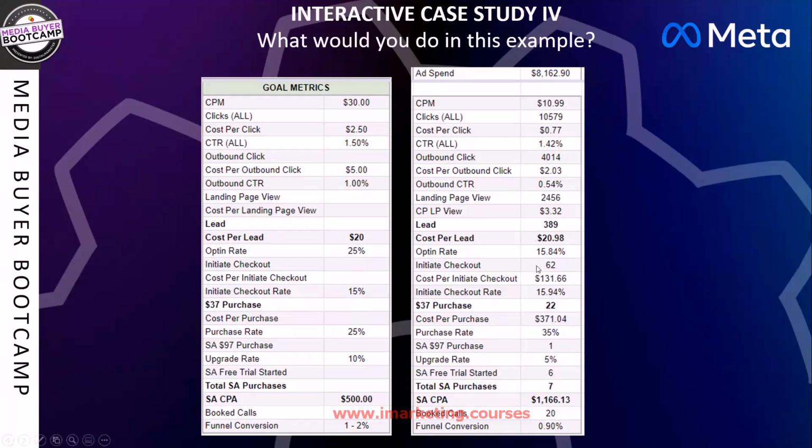If we can get the opt-in rate up, but here's an opportunity where you could take almost two things at once. The first one is going to be your opt-in rate. You've got 25% as your target opt-in rate, and we've got 16%. We get a lot more leads, we'll get more people coming through this funnel, right?